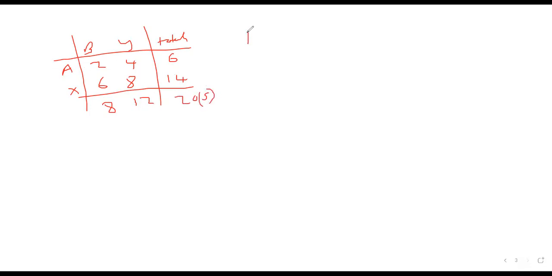To find the probability for A, you get the total for A, which is 6 out of the sample space, so 6 over 20, which is 0.3. If you want to find B, you go where the B is and get its total, 8.